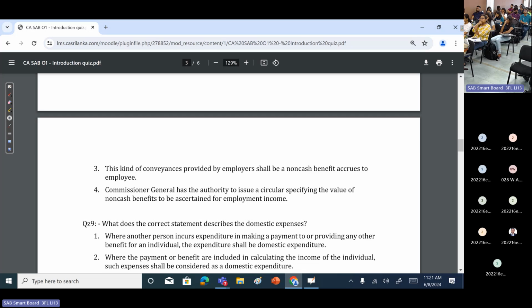For the employer side, it is his expenditure incurred in the production of income. And we didn't come across any section which shows employment cost can be deducted. What section applies for that? Section 11, the general section or the main deduction: expenditure to the extent that it is incurred in the production of income can be deducted.